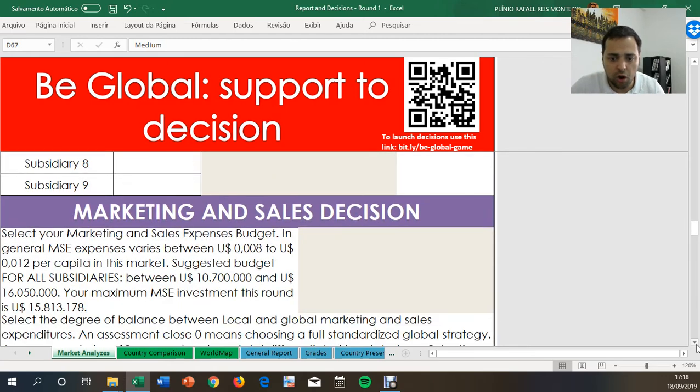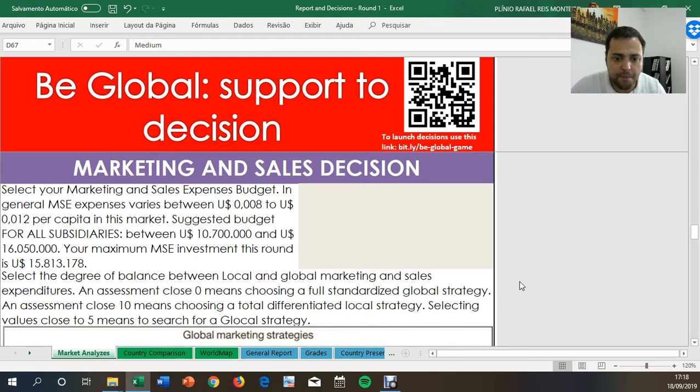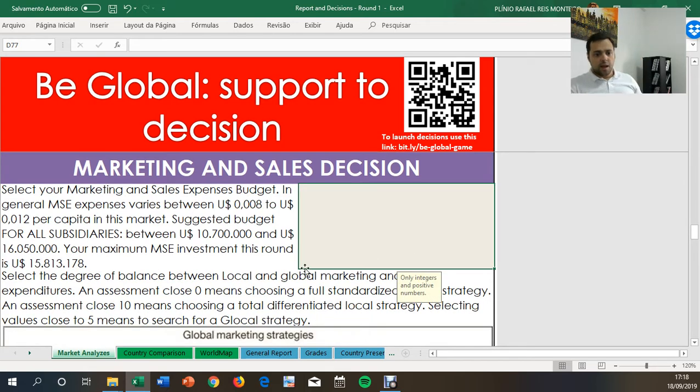Let's look at the second decision, the marketing sales expenses. As you can see here, the file is telling you that you need to spend about $10 million to $16 million in marketing for all subsidiaries. This is the recommended budget.